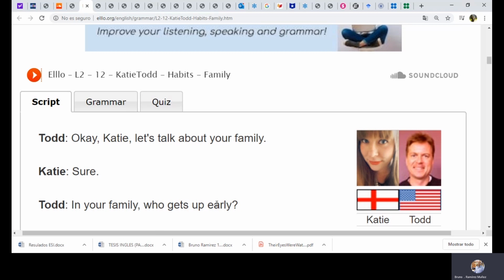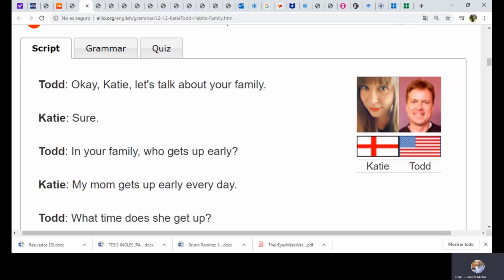And the last activity that I want you to do is identify the initial sound of each one of the verbs. In the case of gets up, we have g, which is a plosive, velar, voiced consonant sound. Remember that we are using the concepts of place of articulation, manner of articulation, and voicing to describe consonant sounds.